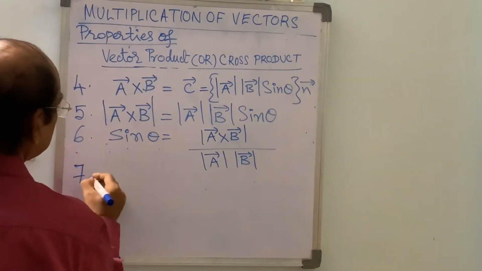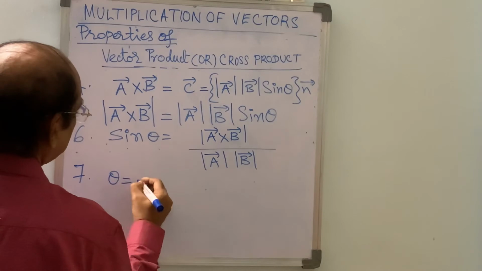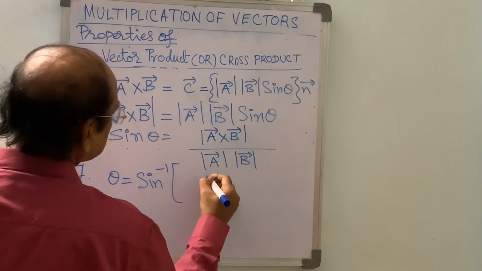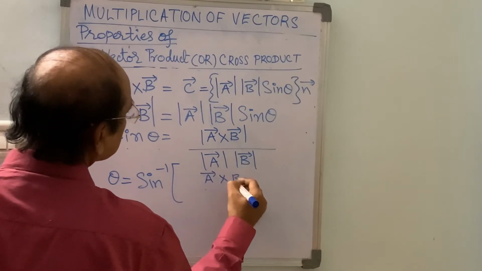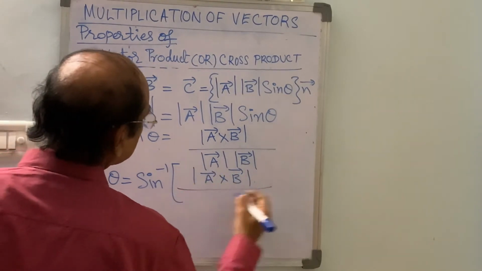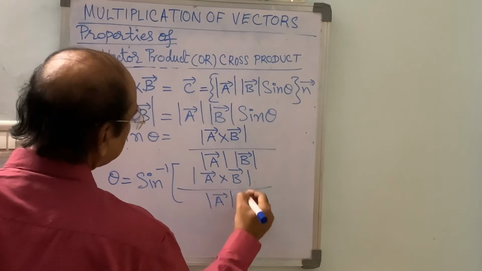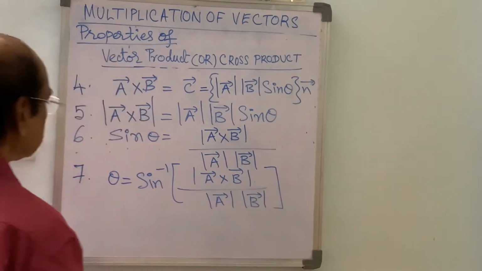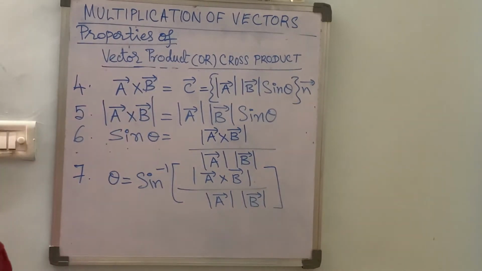From this, theta is equal to sin inverse of modulus of A bar cross B bar by modulus of A bar into modulus of B bar.